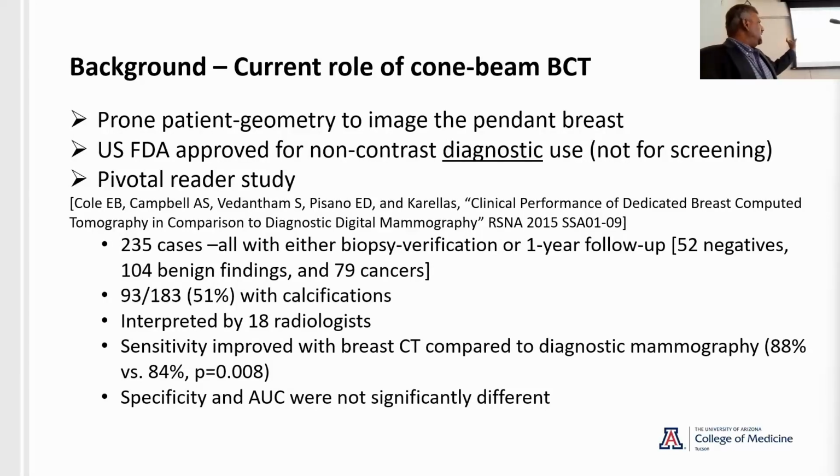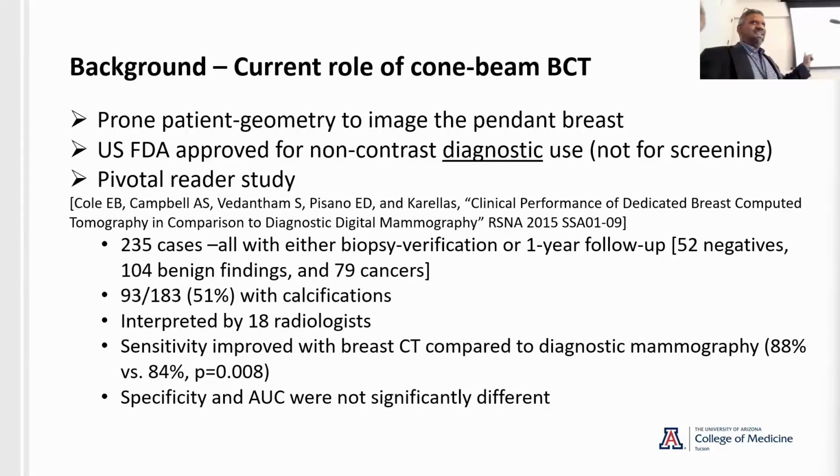So out of the 183 cases of benign and 79 cancers, 93 of them had calcifications, because it's a bit of a challenging issue here when you talk about breast imaging. You're trying to detect a low contrast soft tissue lesion in a soft tissue background on one hand. On the other hand, you're talking about very fine calcifications in the order of about 300 microns or less in that background.